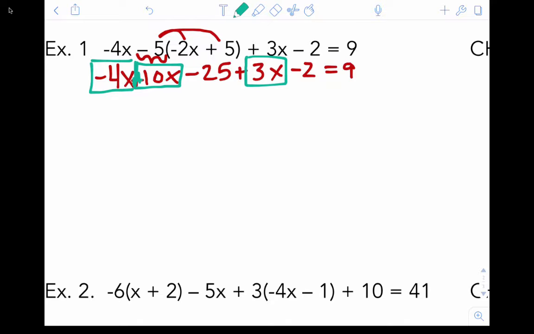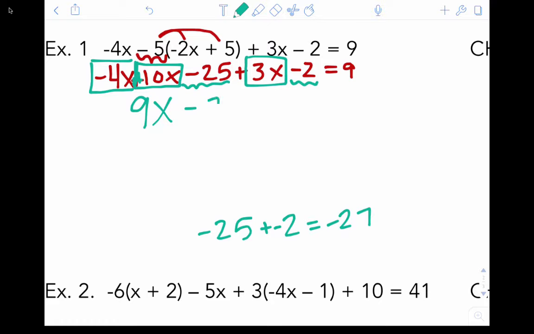And then I have 6x plus 3x, which is 9. So I end up with 9x. And then I have negative 25 minus 2. So if I think about it, negative 25 minus 2, I need to add the opposite. I get negative 27. And this is equal to 9.